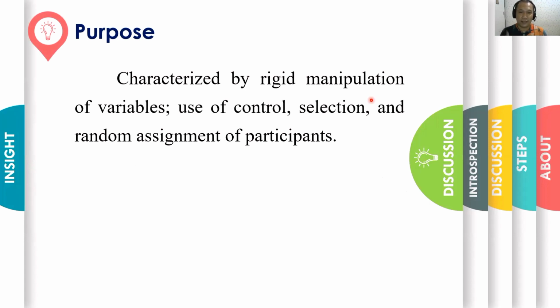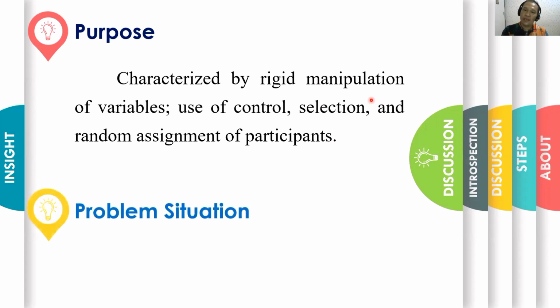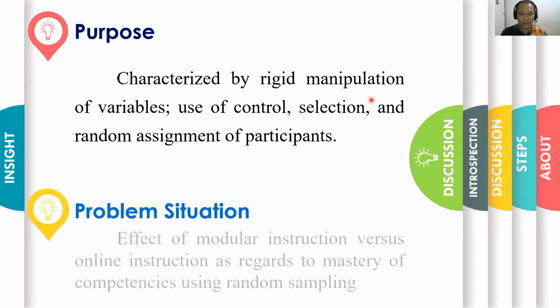It can be systematic. It can be random sampling. It can be stratified random sampling. What is most important here is that there is randomization, or the participants are randomly selected or systematically selected. Okay? Now, here is my example.